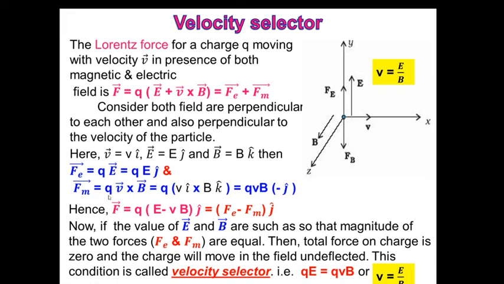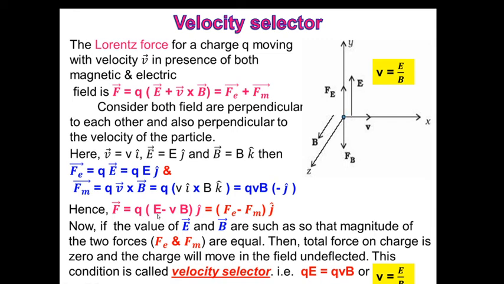Now the magnetic force is qV cross B. So qV i cap cross B k cap, and i cross k will be minus j. So the magnetic force will be qVB in the minus j direction. Hence the force equals q(E minus VB) j cap.